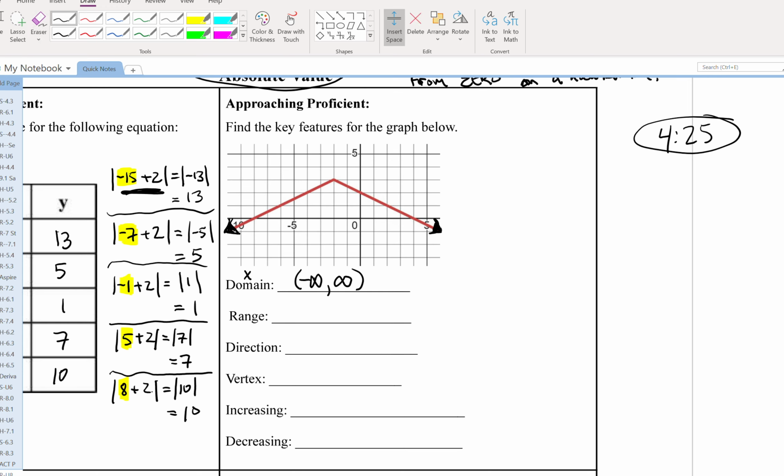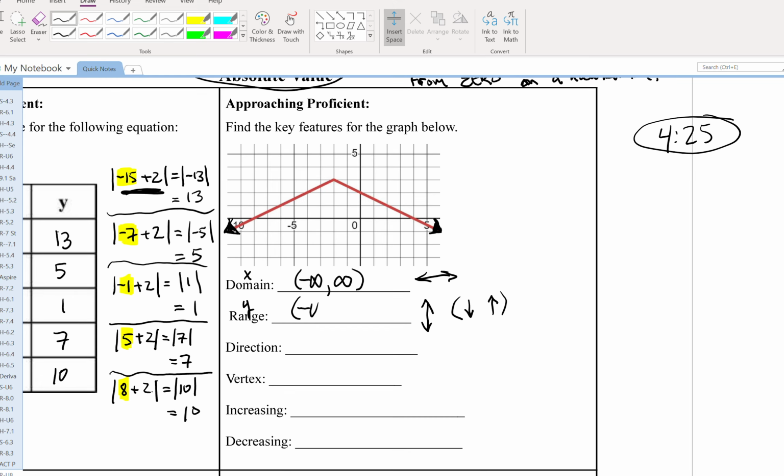All right, and then its range, well, the range is the y values. And so it's up and down, whereas the domain was left and right. Because we're doing an interval, it always goes from the least to the highest, from the bottom to the top. Well, the least value, because the arrows are facing down, it doesn't have a least value.